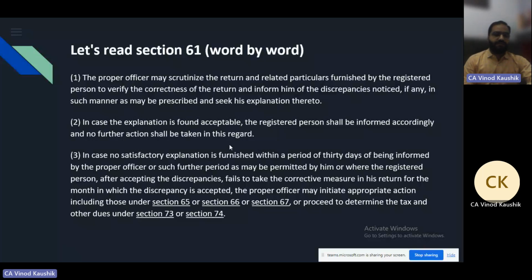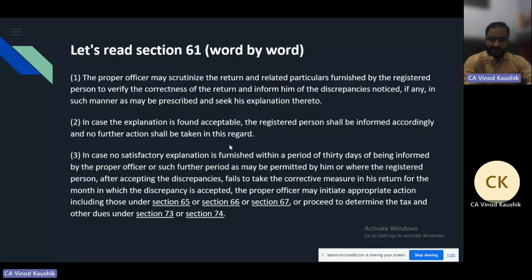Very, very important, friends. Suppose an ASMT 10 is issued and we are not able to make a reply of that in ASMT 11 within a period of 30 days of being informed. Or if he has granted some additional time, we are not able to furnish the reply in the additional time also. Or we have accepted the discrepancies, but we are not able to discharge our tax.